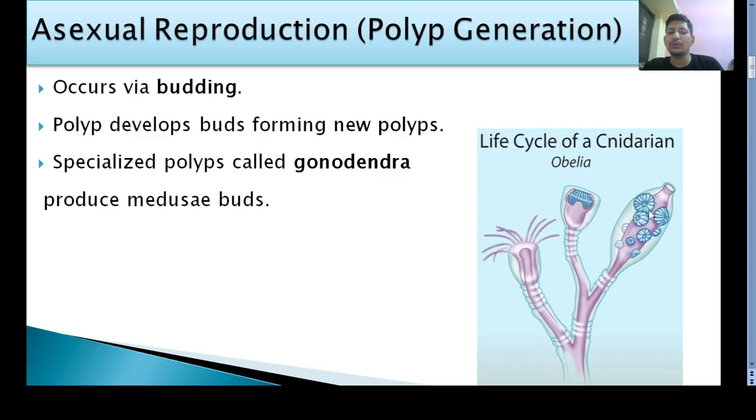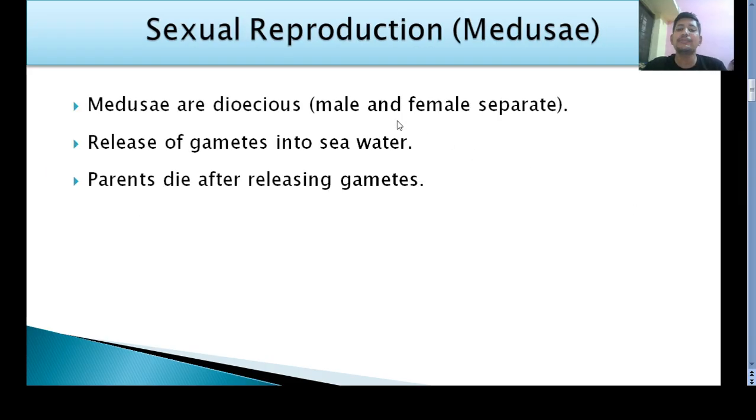Now once the medusa is formed, it comes out, and this medusa helps in sexual reproduction. In the morphology I told you that medusae are dioecious. It means sexes are separate. We have male medusa as well as female medusa.